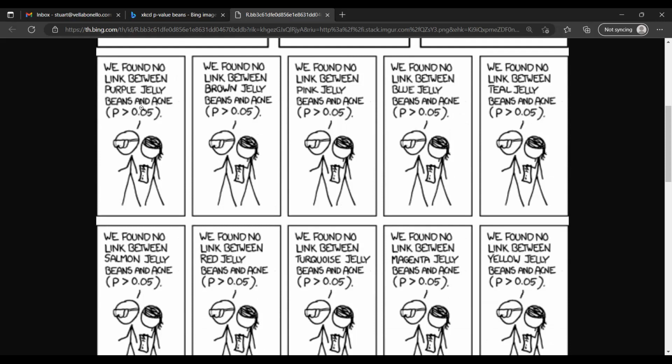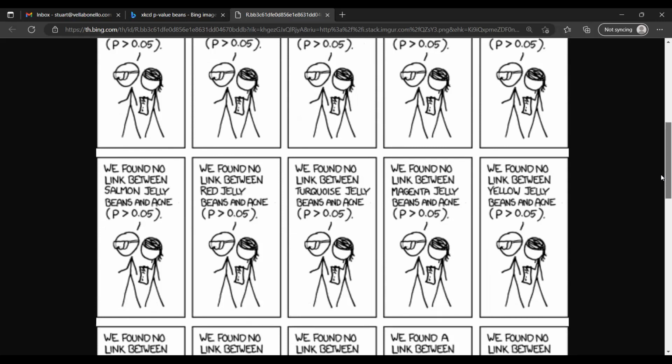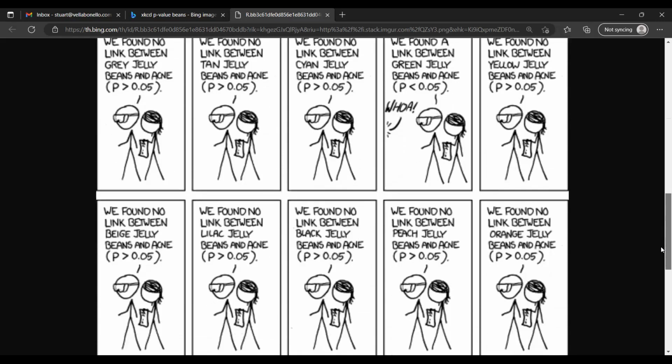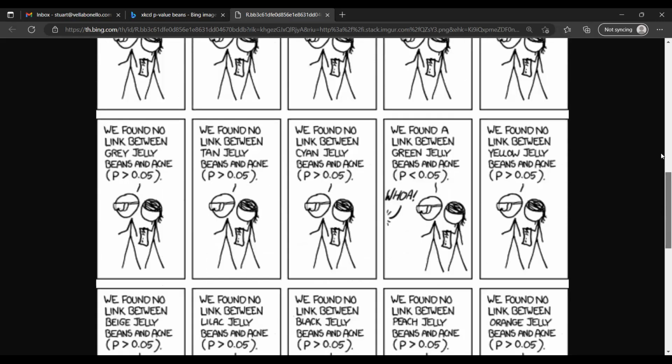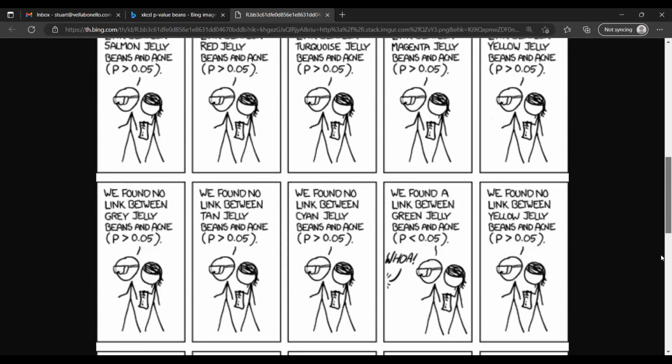So purple jelly beans, P is greater than 5%, brown greater than 5%, pink, same, blue, same, teal, and it keeps on going this way, salmon, red, etc., etc. And there are 20 of these, right? I would imagine. 1, 2, 3, 4, 5 by 4.